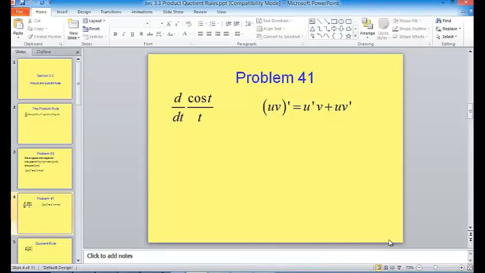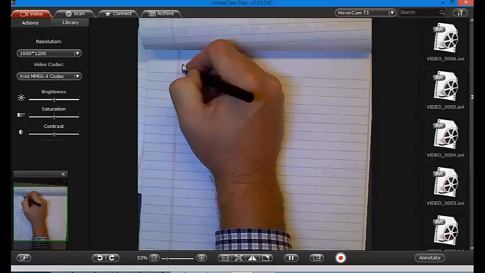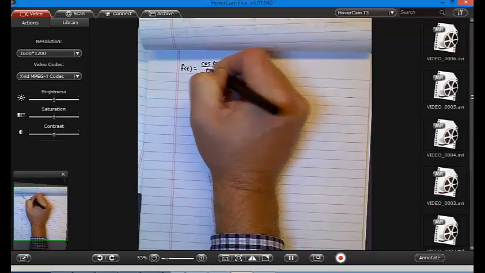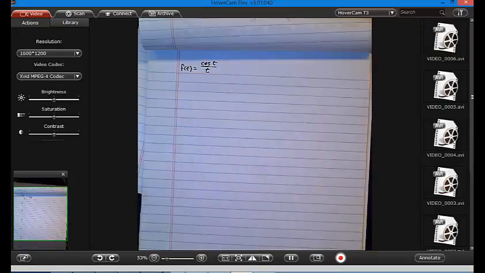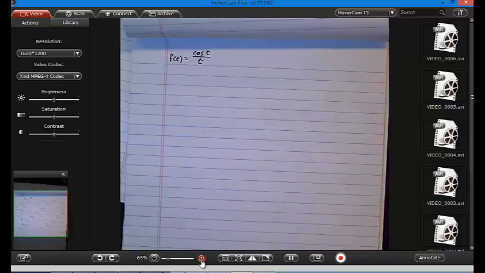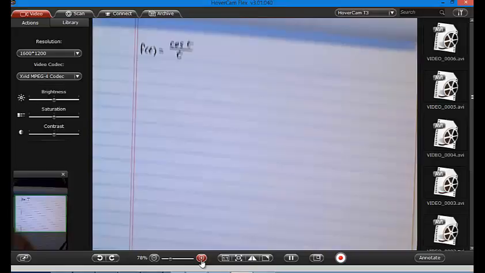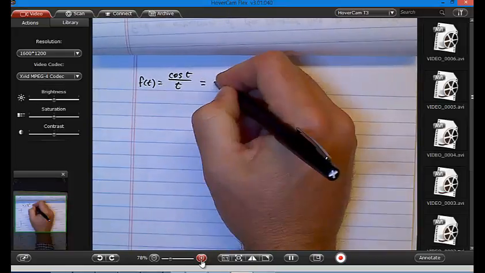Instead of writing divided by t, you could instead write t to the negative first power, see that? Times cosine of t. Does it make sense? So here's u, and here's v.